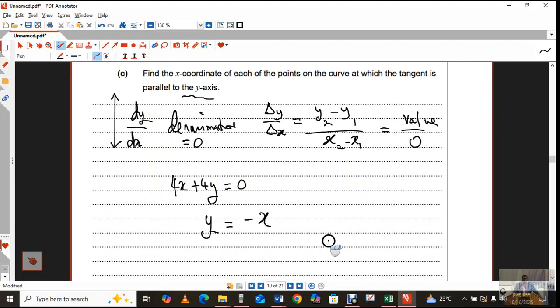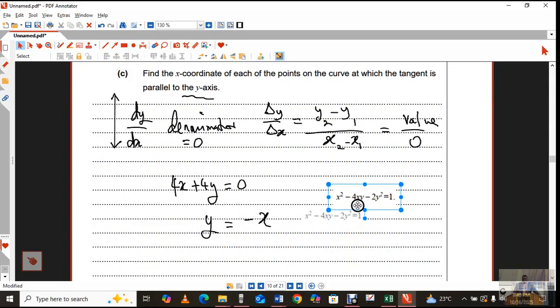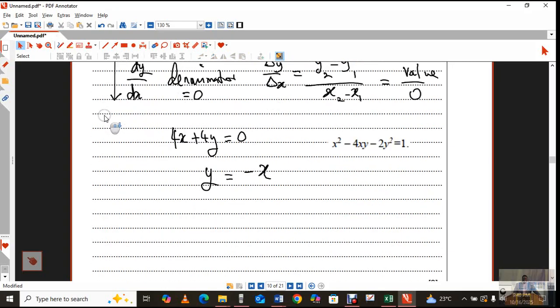Now, remember what was our curve? This was our curve. So we're going to substitute this into the curve in order to see what we are getting. So I'm writing it here so I can save some space. So everywhere we have a y, I'm going to substitute the value of minus x and see what it is that I get.